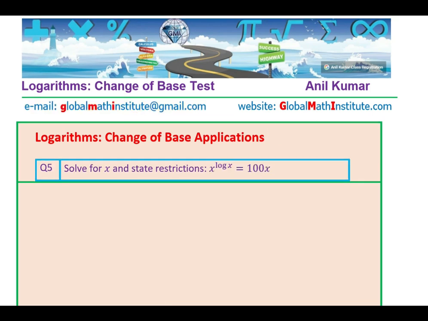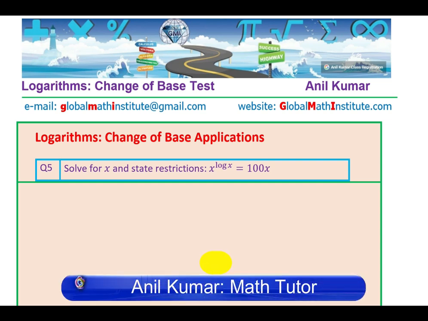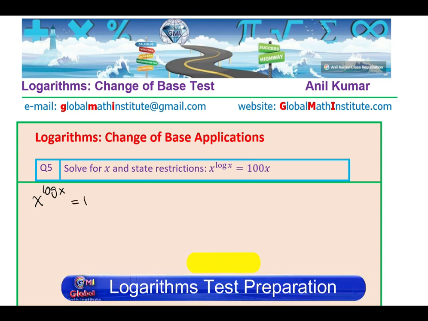Now let's take up question number 5, which is a very important question. Solve for x. Now we are looking into an exponential equation, right? And state restrictions. So we have the equation as x to the power of log x, which equals 100x. Now let's take log both sides.